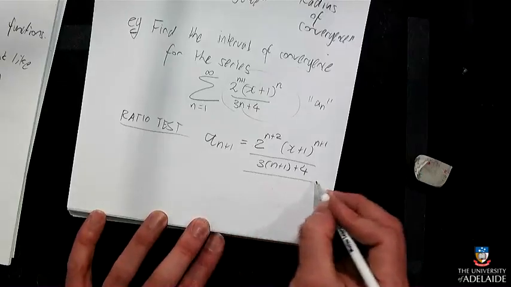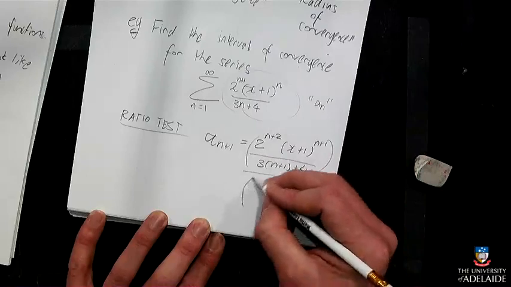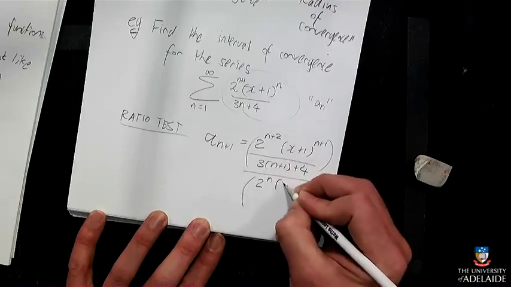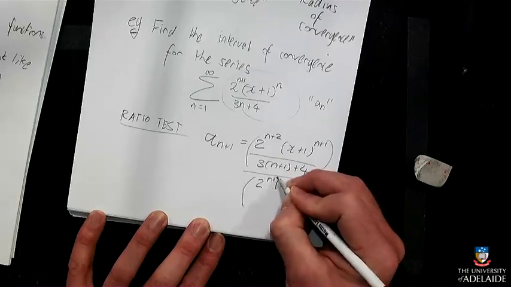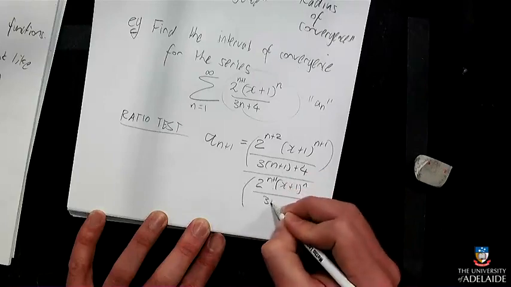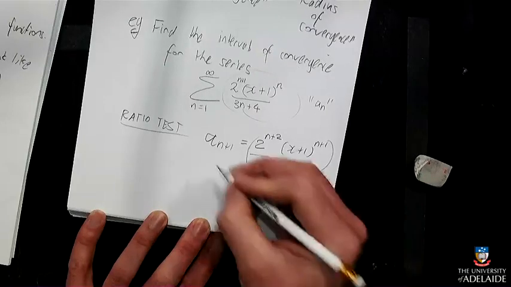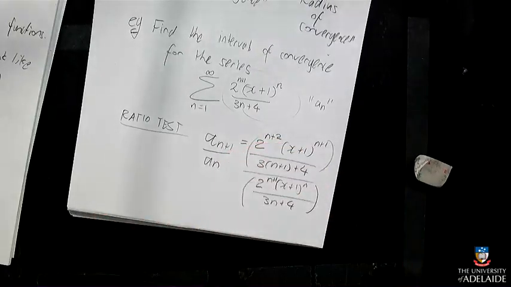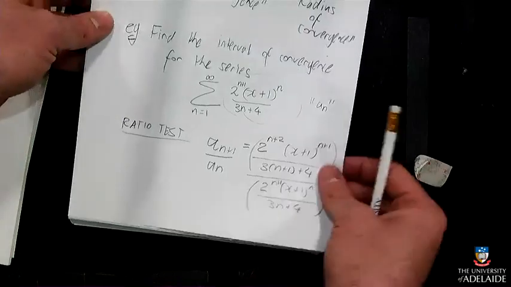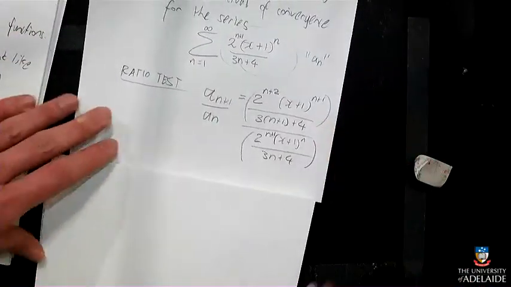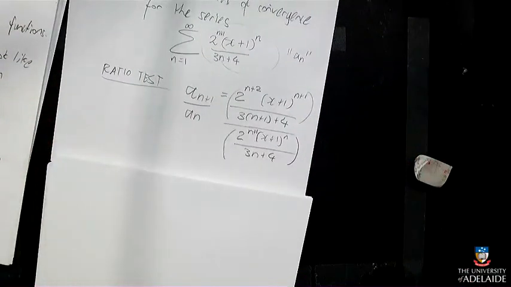And an is this. That thing. Technically, we need the absolute value of this, but we'll get to that in a minute. And this we have to do some algebra on to make it as simple as we possibly can before we do anything else.